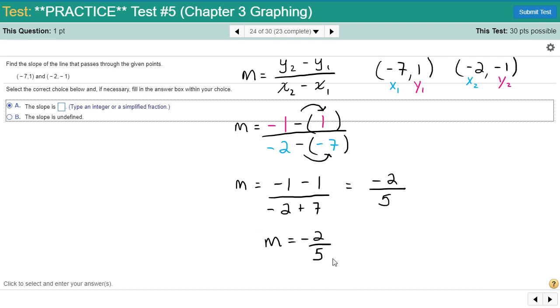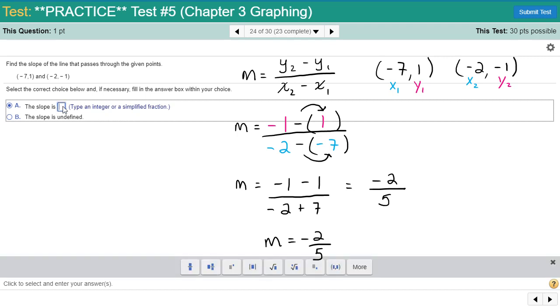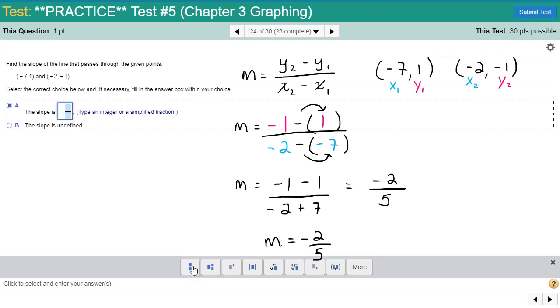Well, in our case, -2 over 5 cannot be simplified, so that's exactly what we're going to enter. So you can say negative on your keyboard, and then you can come down here and see that there is a fraction button. So you can go ahead and hit this button, and notice that inserted a fraction for us with a blank numerator and blank denominator. So we can go ahead and say 2 over 5. And there we have it.